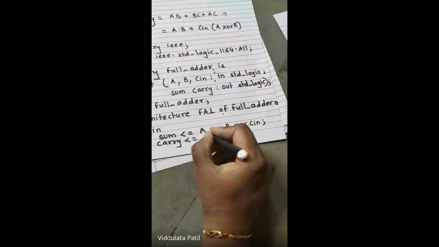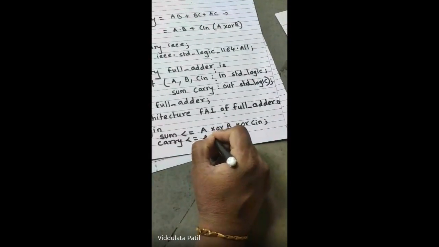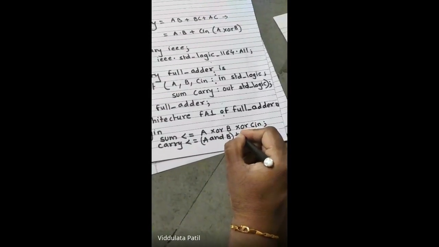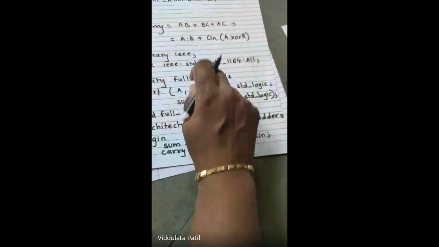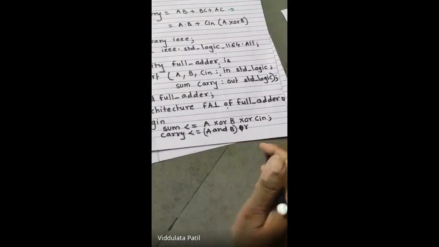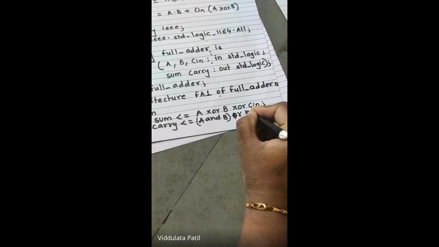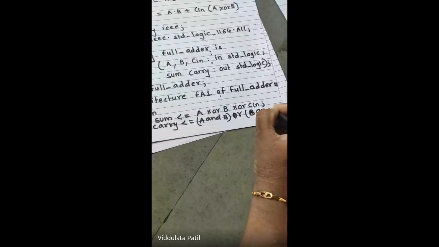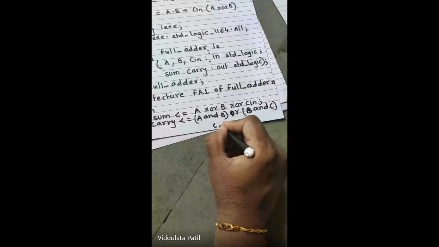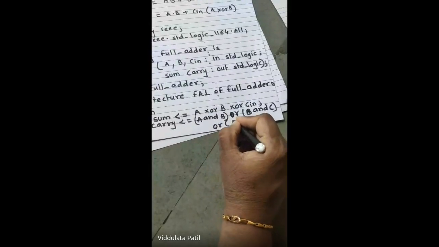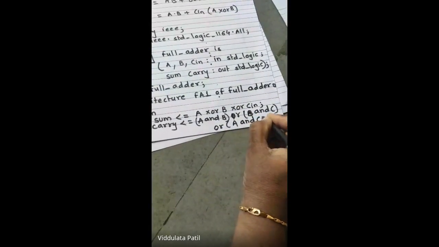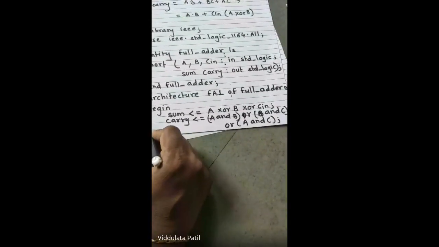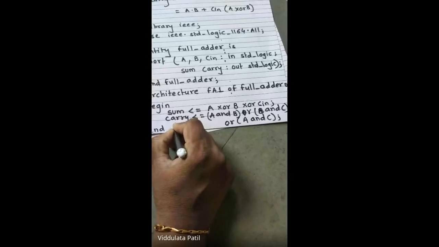So here it will be A and B, we will have a bracket, then or, here it is a plus sign, that means it will be or, B and C, or A and C, and then semicolon. Okay, and then end of this architecture. So end FA1 and then semicolon.